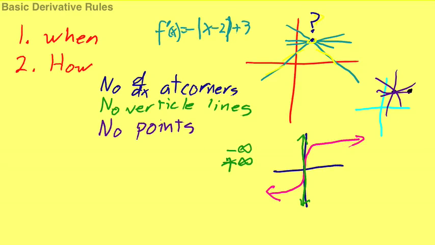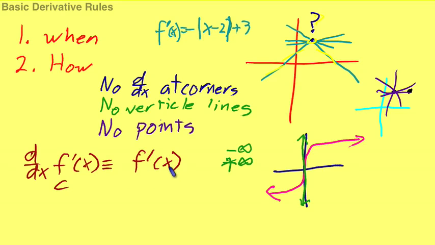So those are the three big ones, but the rule is: in order to find the derivative of f of x at c, two conditions must apply. f of x must exist at c, and it also must be continuous at c.